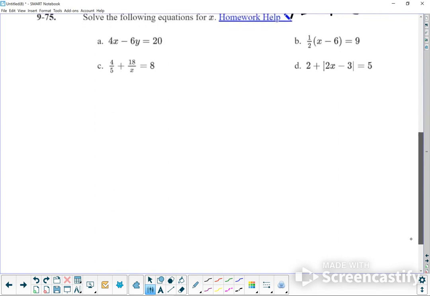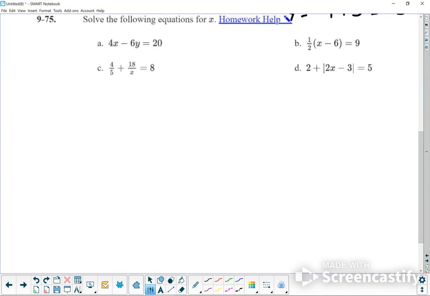Okay, 75, solve the following equations for x. All right, so letter A: 4x minus 6y equals 20. If I'm solving for x, that means I need to get everything away from the x. So I need to start off with adding 6y.